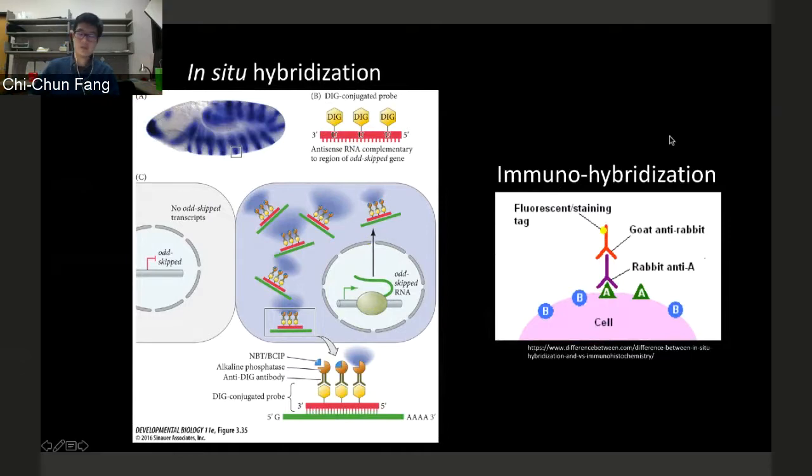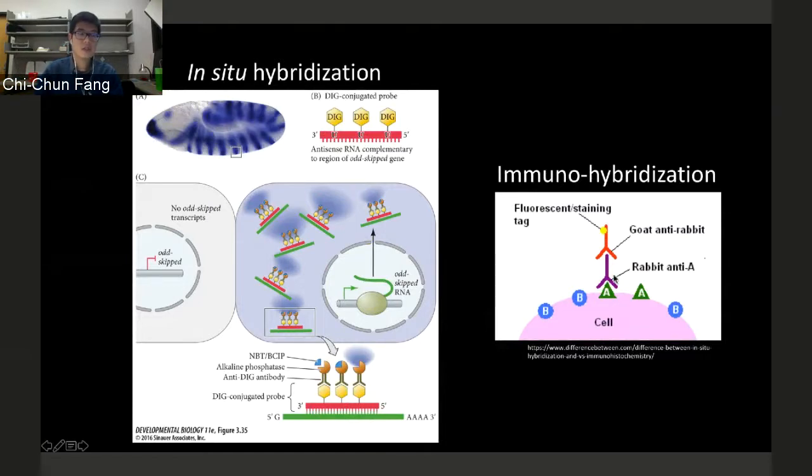Immunohybridization is the same idea. We also treat the sample with different antibodies. The first layer is the antigen, which you can consider as a protein. There are some binding sites on the protein that the antibody can recognize. So there are 2 layers in this picture.